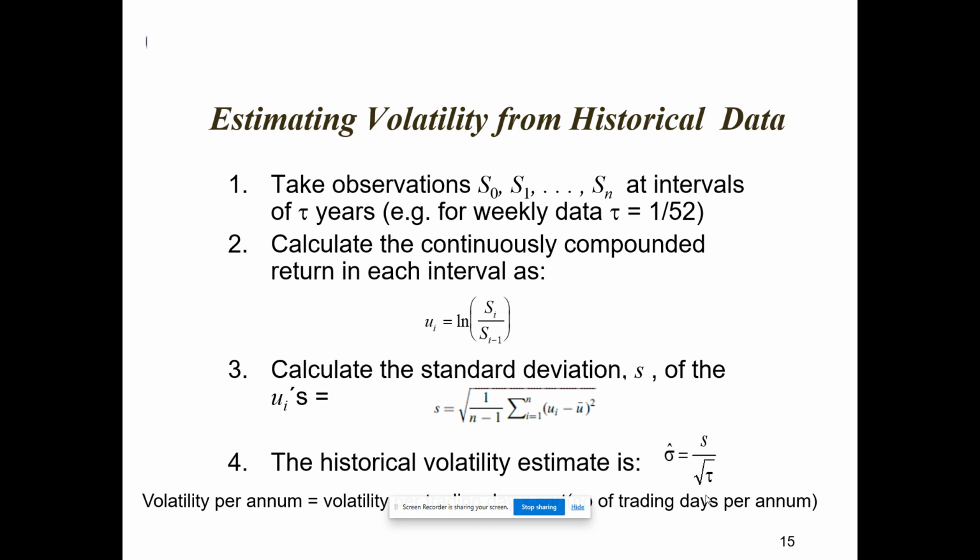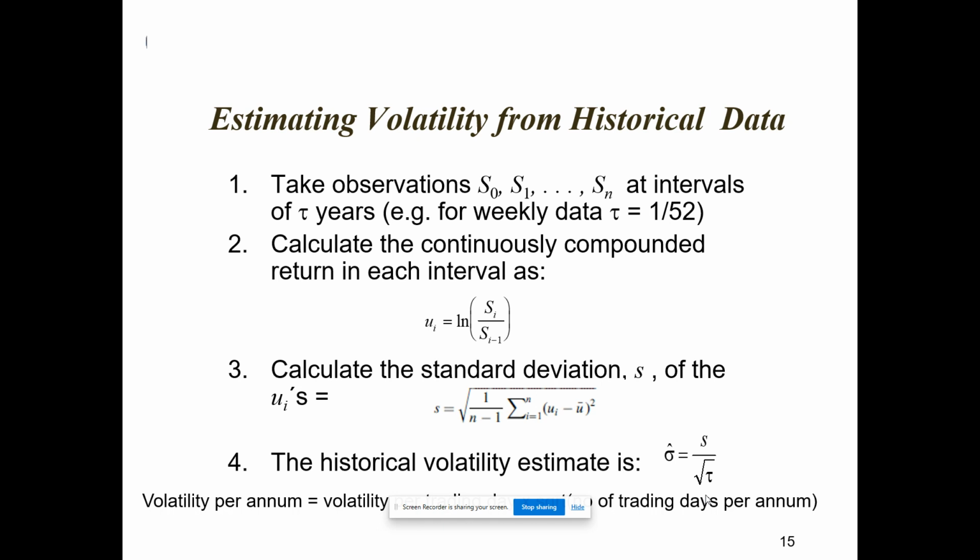And then you calculate the continuously compounded return in each interval. So ui is given as ln of Si by Si minus 1. So Si is today's price and Si minus 1 is the previous day's or the previous month's or the previous week's, depending upon the periodicity which you're using for calculation. Likewise, the standard deviation is the square root of 1 by n minus 1 times the sum of (ui minus u bar) squared.